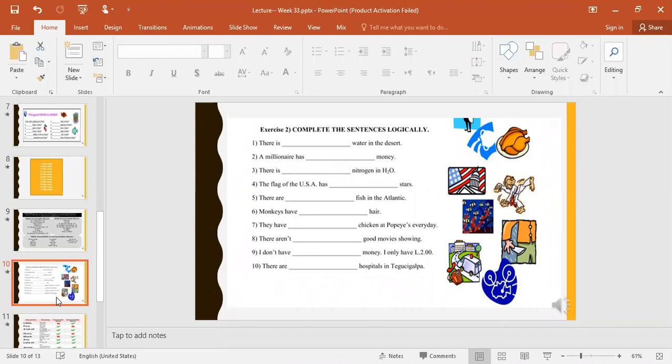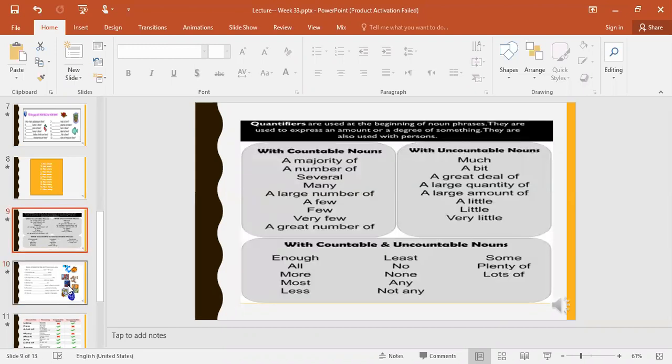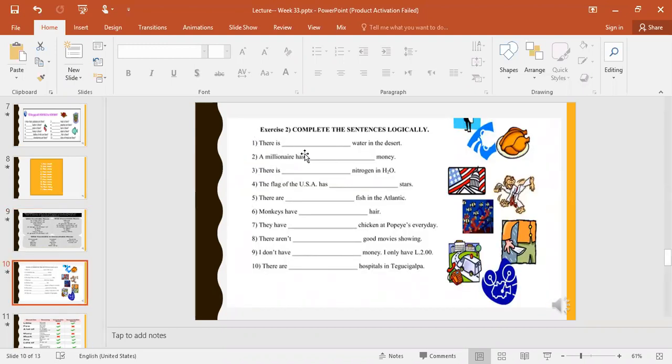When we say logically, it means we have to think based on logic. Using these quantifiers, the one that we explained. Let me do the first one for you. There is water in the desert.